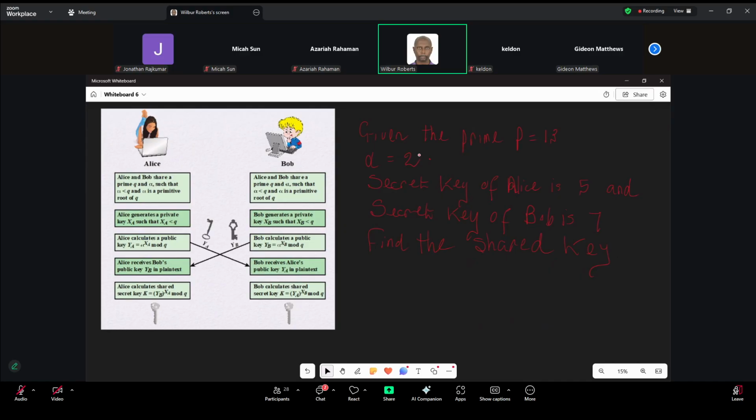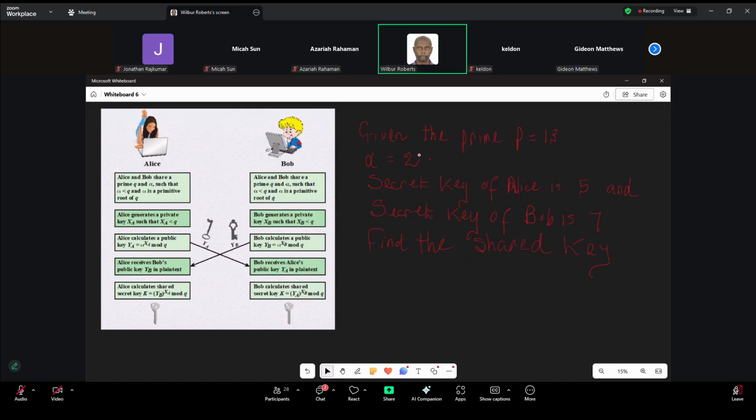What we want to find here, you are given the prime P equal to 13, right? And alpha. So therefore, in terms of the diagram, what is equal to 13? What is the first line under Alice in the diagram?